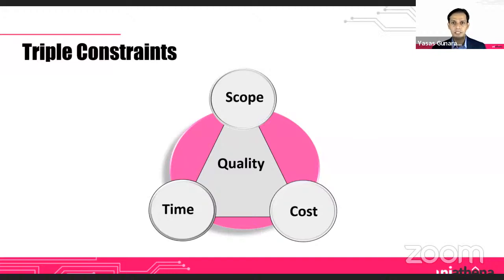If during a project you want to change one of these 3 constraints, you are going to compromise 2 other constraints. And let me explain what that is. And if you manage all constraints well, that's when the quality of the project is done in the best possible way. So quality stands in the middle, and you have the triple constraints around. That's why you have this triangle.